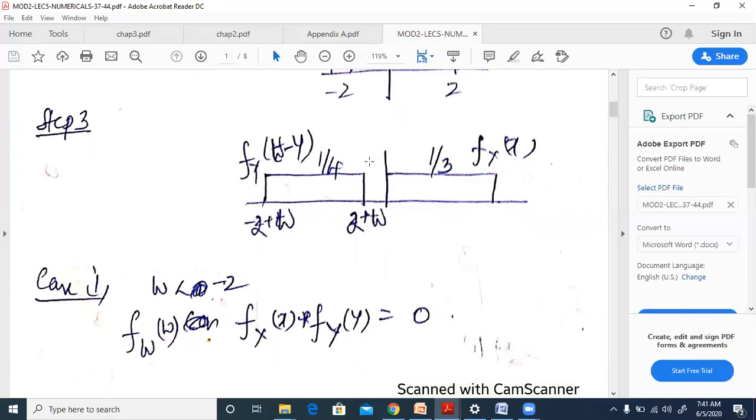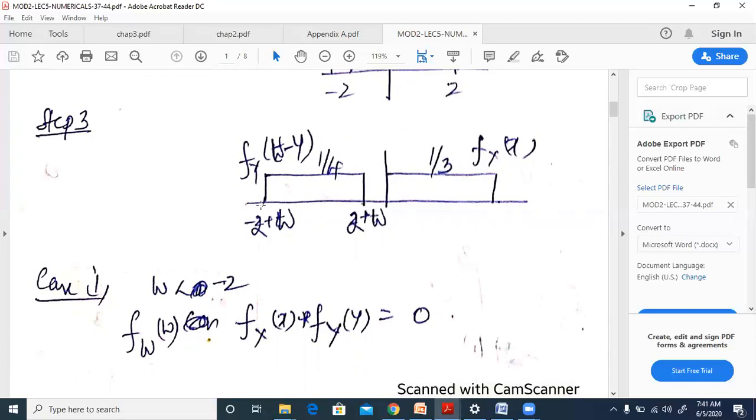Because this cannot cross that point, rather this crosses this point, as this is 3 units and this is 4 units.